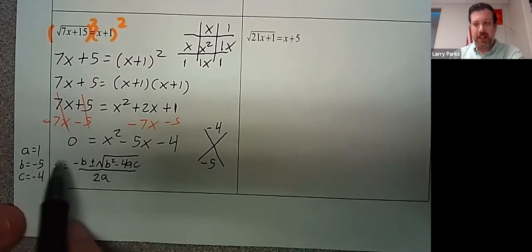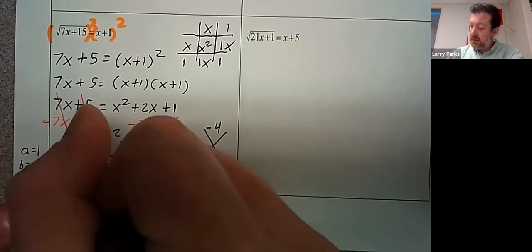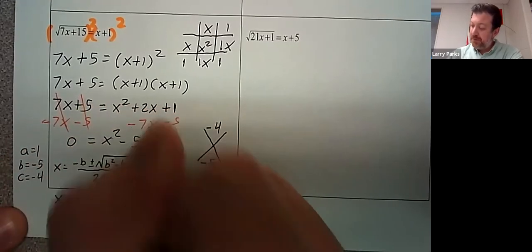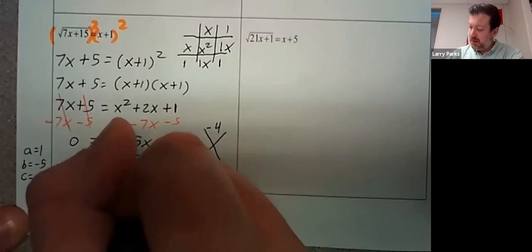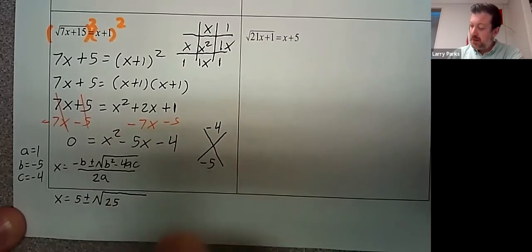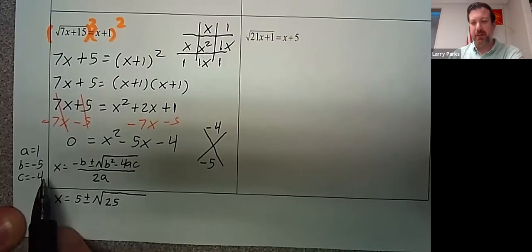So it'd be negative negative 5. That's 5. And then negative 5 squared, 25. And then negative 4 times 1 times negative 4, that'd be plus 16.